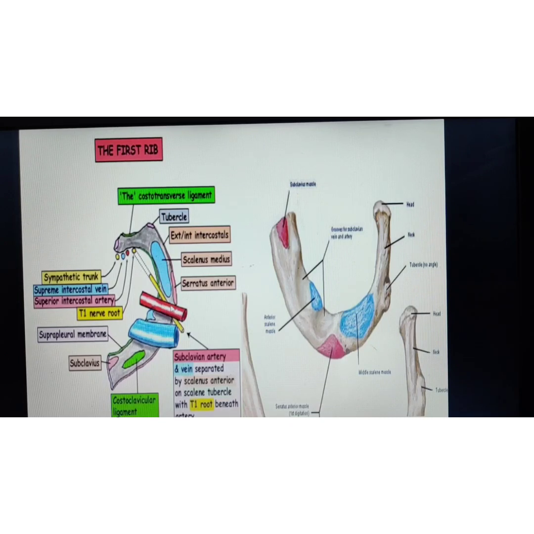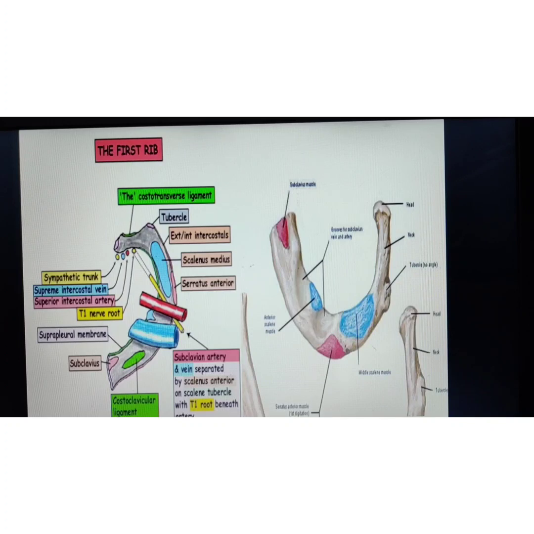Behind the groove for the subclavian artery, we have the attachment of the scalenus medius muscle. The scalene tubercle gives attachment to the scalenus anterior muscle.